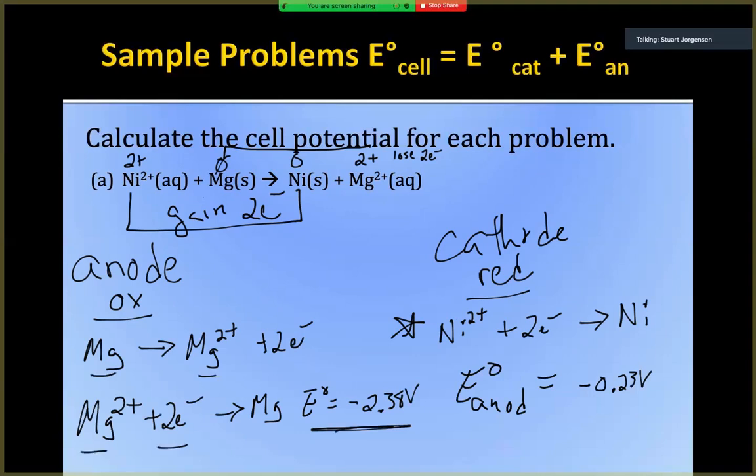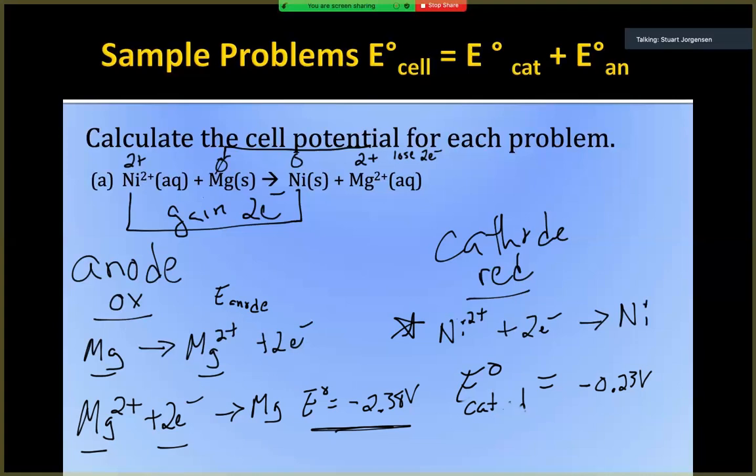Sorry, I miswrote over here. That negative 0.23 should be for the cathode. Sorry, working fast. Didn't have to do anything for that because it was already a reduction potential.